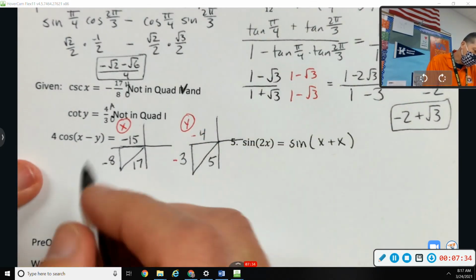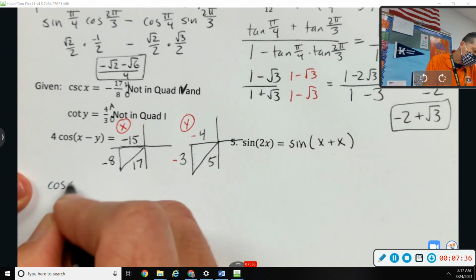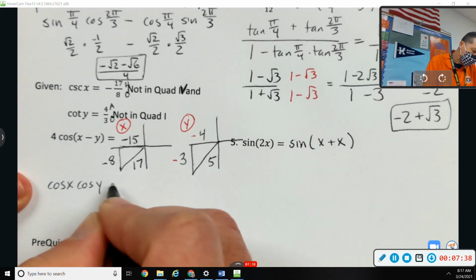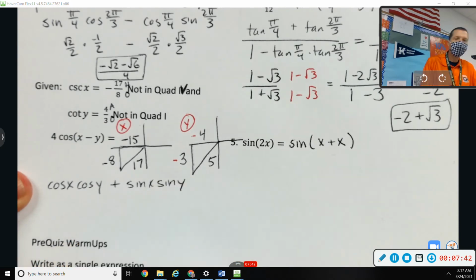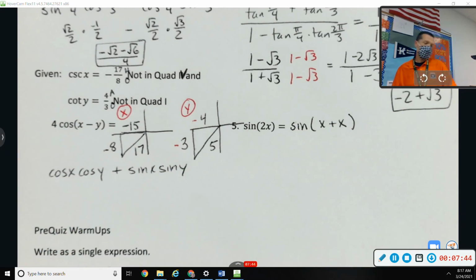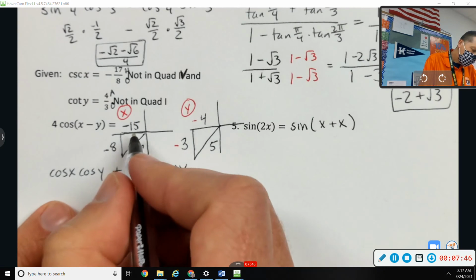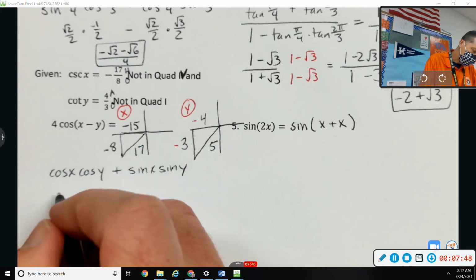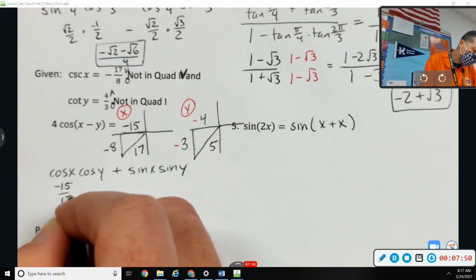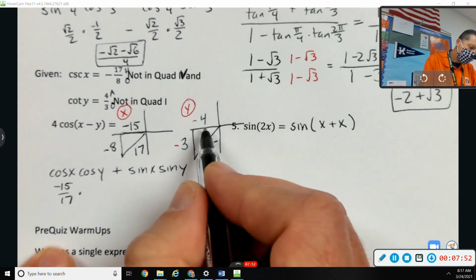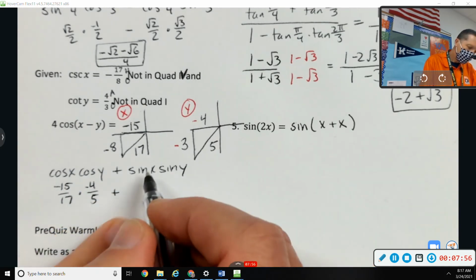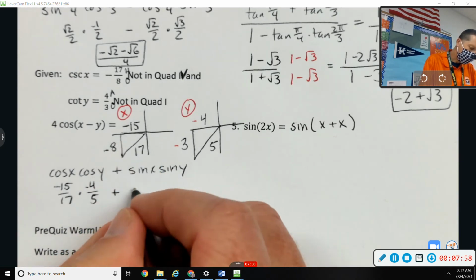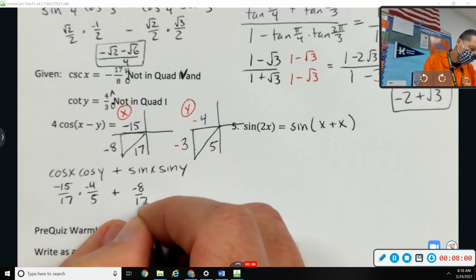All right, cosine is cosine x, cosine y, plus sine x, sine y. Again, you're just looking at your own formula chart for that. Cosine of x is negative 15 seventeenths. Cosine of y is negative 4/5. Sine of x is negative 8 seventeenths.